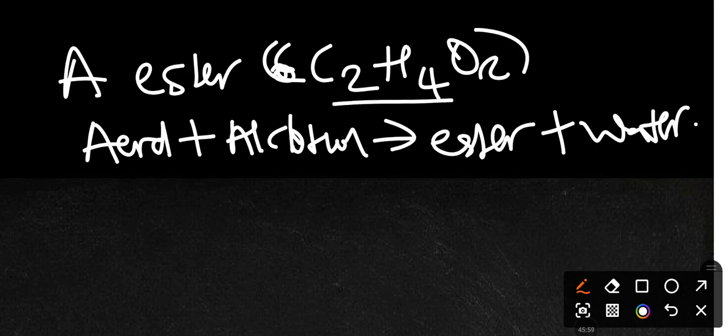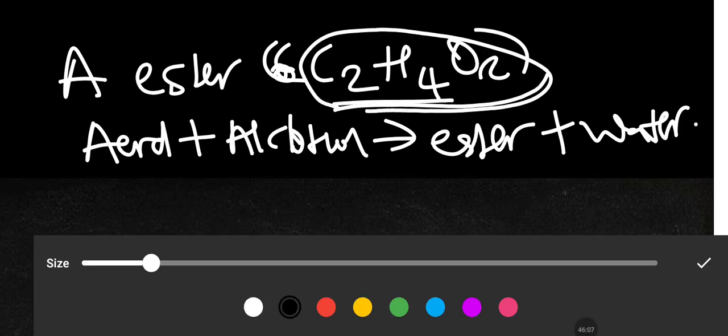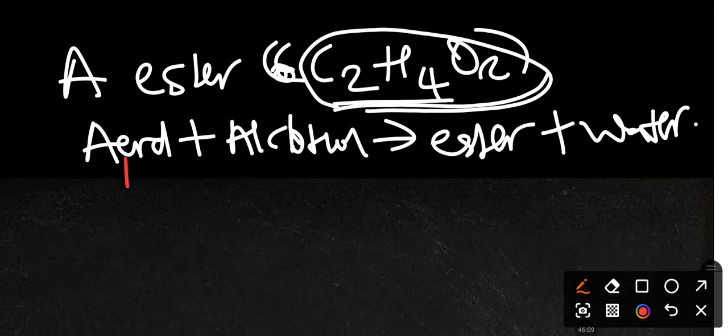So from here we can establish the names of the carboxylic acid as well as the alcohol that reacted. Since the overall number of carbon atoms is 2, each one, the carboxylic acid and the alcohol, will have one carbon atom.